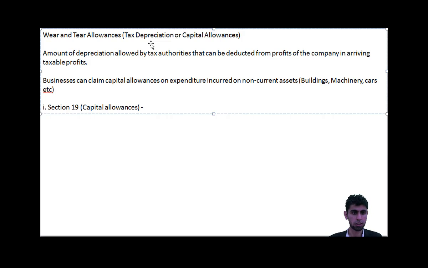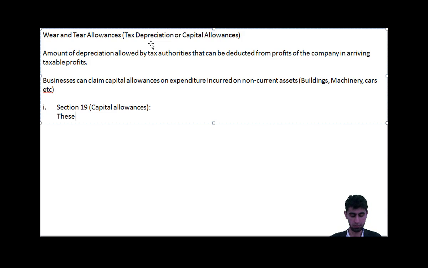Okay, so section 19 capital allowances are available over the life of the non-current assets. Over the life of the asset means the cost of the asset is divided by the life of the asset, and that's the amount of depreciation.